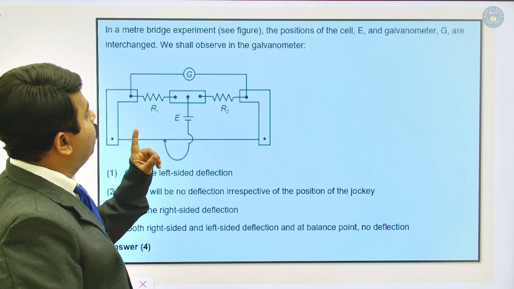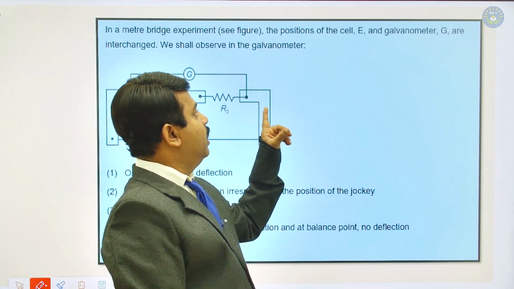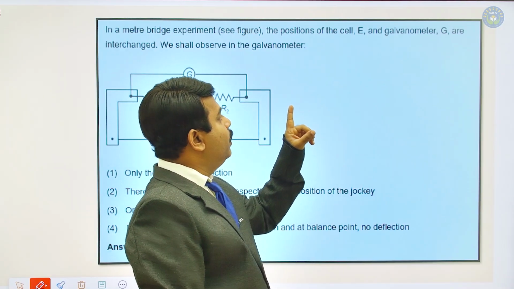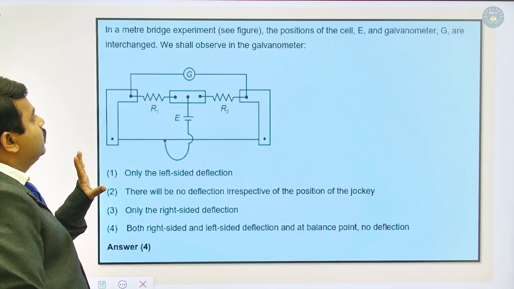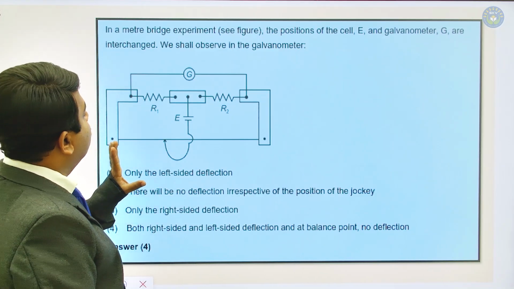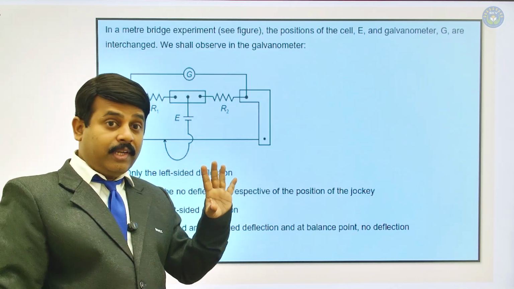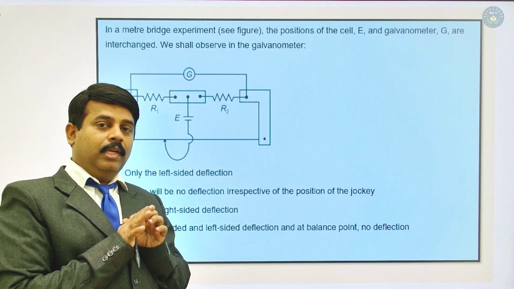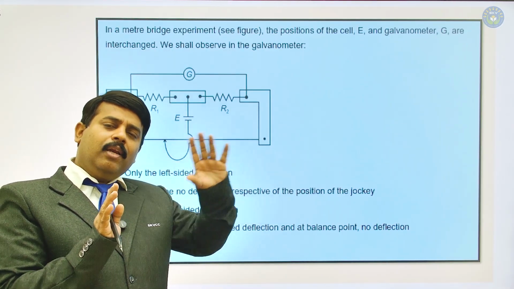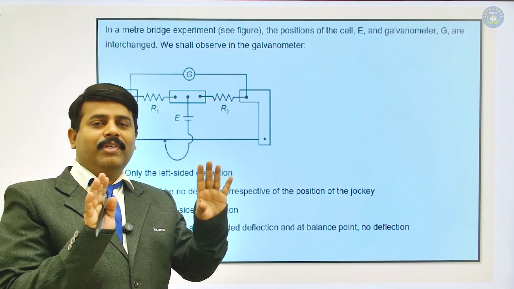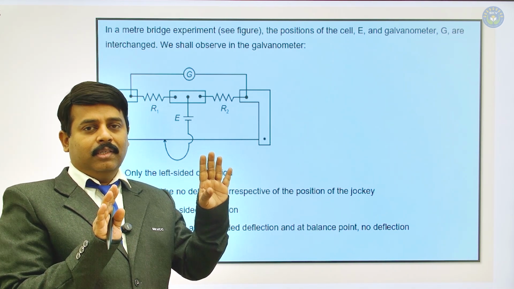Now question number 37. In a meter bridge experiment, the positions of the cell E and galvanometer G are interchanged. What shall we observe in the galvanometer? During the theoretical discussion we saw that at the balancing point, if you replace the galvanometer with the cell, it doesn't affect the deflection, right?